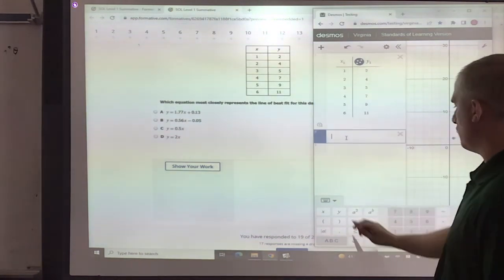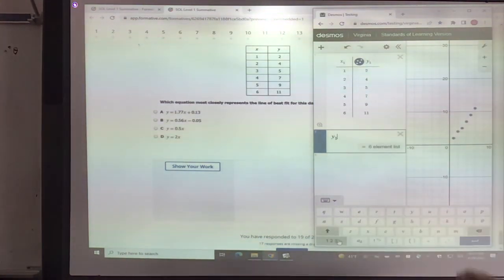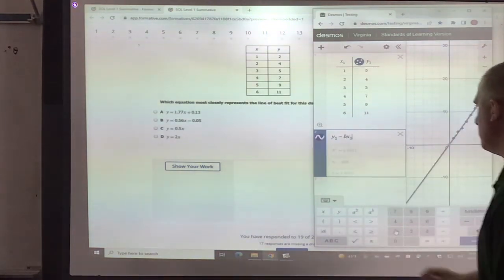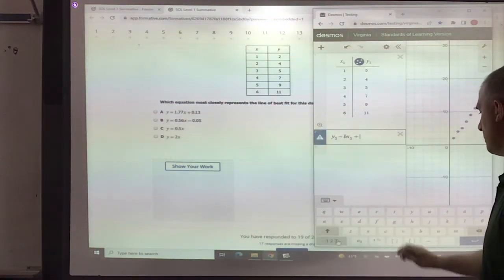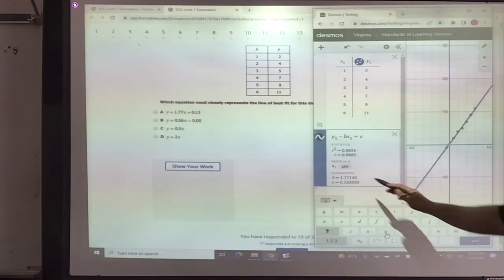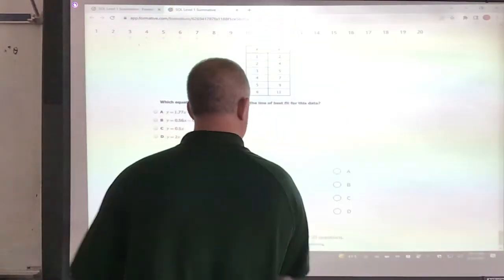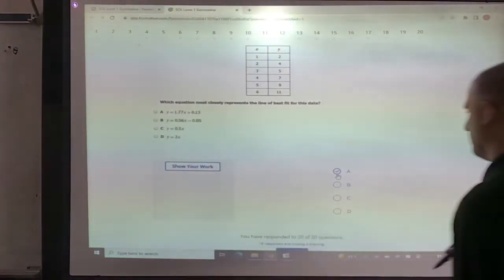Different equation. Y1, curve thing, B, X1 plus C. And they tell me this is 1.7, this is 0.3, that's going to be letter A.